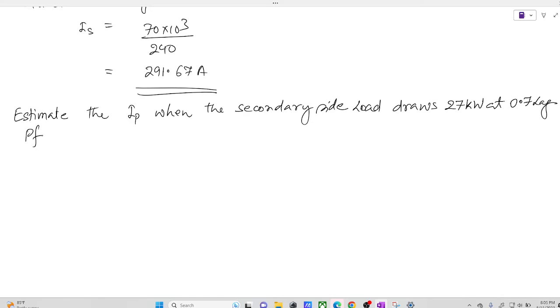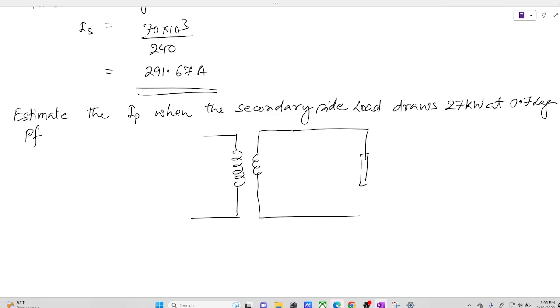There is some load which is drawing 27 kilowatt at 0.7 lag pf.